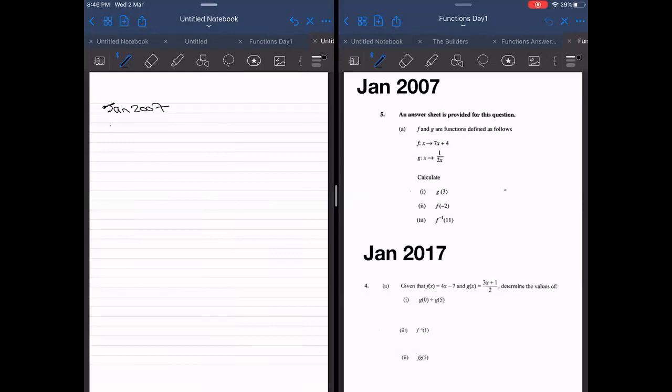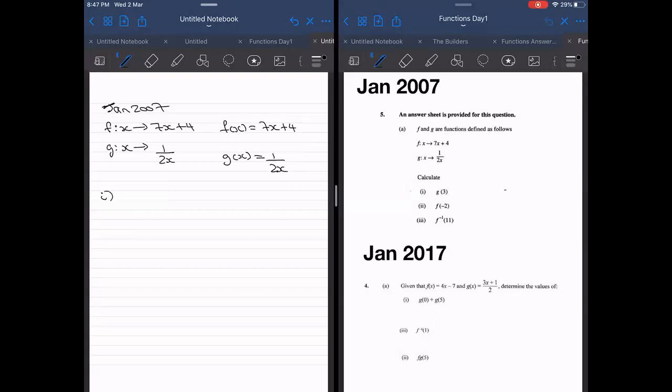All right, so we have f colon x is equal to 7x plus 4. We have g colon x is equal to 1 over 2x, which you know already. I would probably want to rewrite this as f of x is equal to 7x plus 4, and g of x is equal to 1 over 2x.